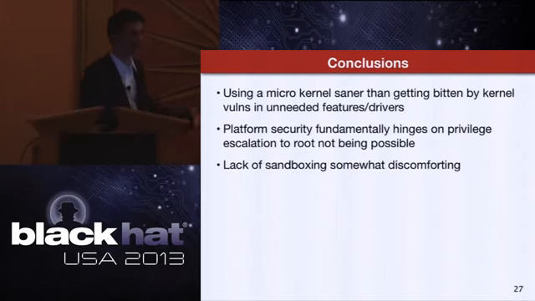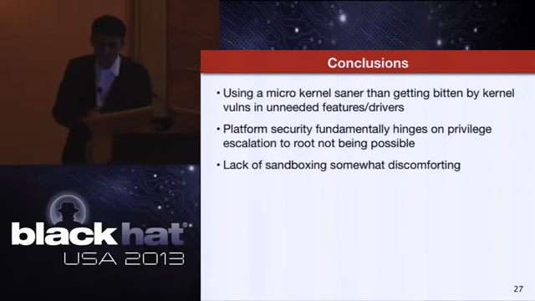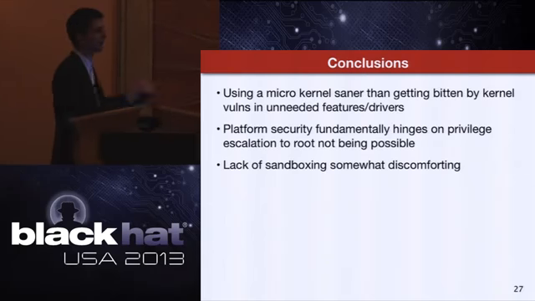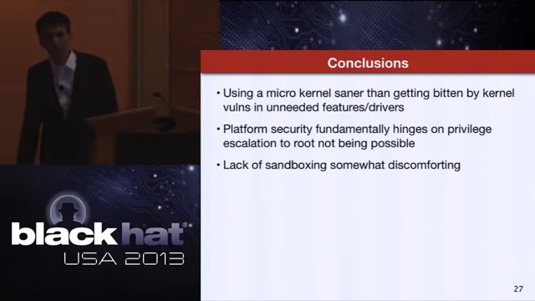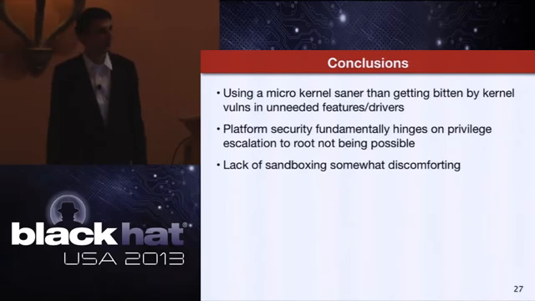This I find somewhat discomforting. So the fact that the only way of sandboxing that they have is through user IDs and group IDs, but there's no finer granularity, this I find somewhat problematic. And with this, I'd like to close, and I'll answer questions.